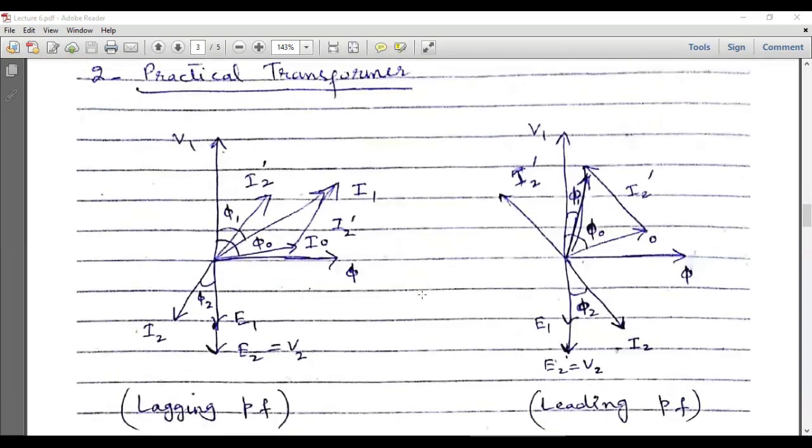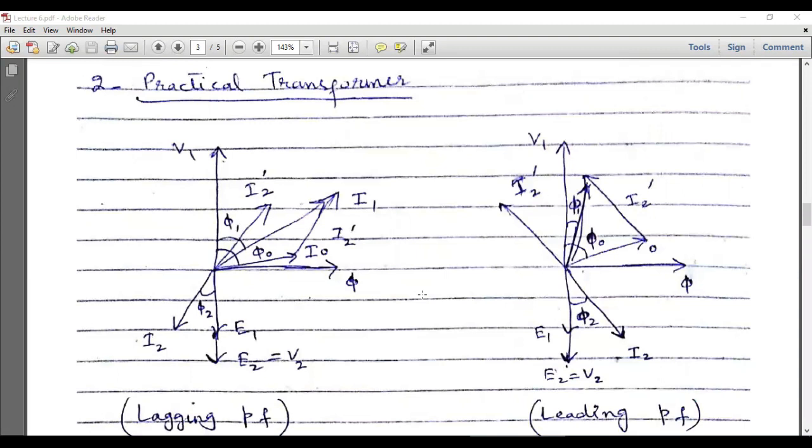Now we will discuss the practical transformer at loaded condition, and the only difference between an ideal transformer and a practical transformer is that I naught is equal to Im for an ideal transformer, but I naught will be slightly upward, and it will not be equal to Im.